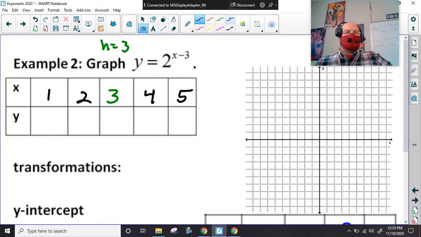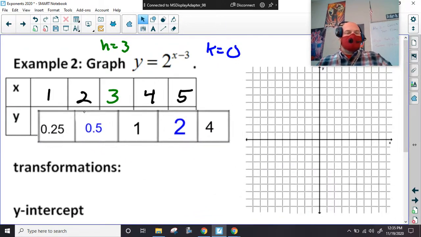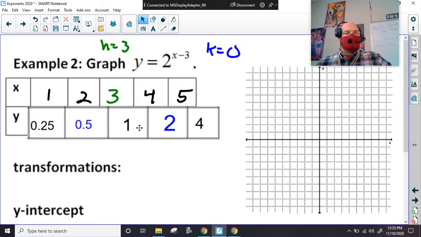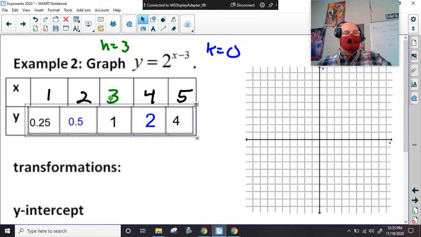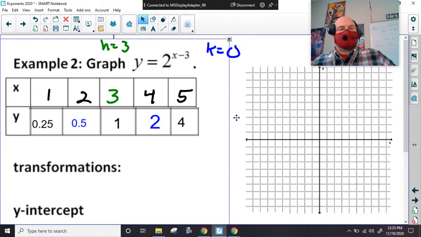What is k for this one? It's 0. So if we added 0 to these numbers right here, we would get the same thing. So it's just those values for the parent function.